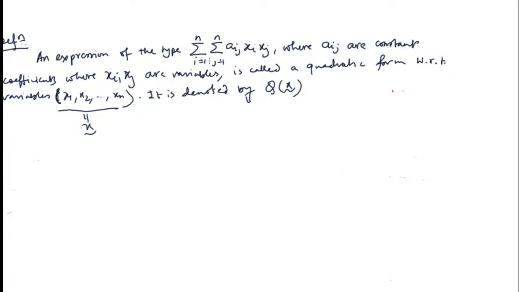This expression can be written as x curl prime A x curl, where A is a square matrix of order n cross n whose ijth element is aij.